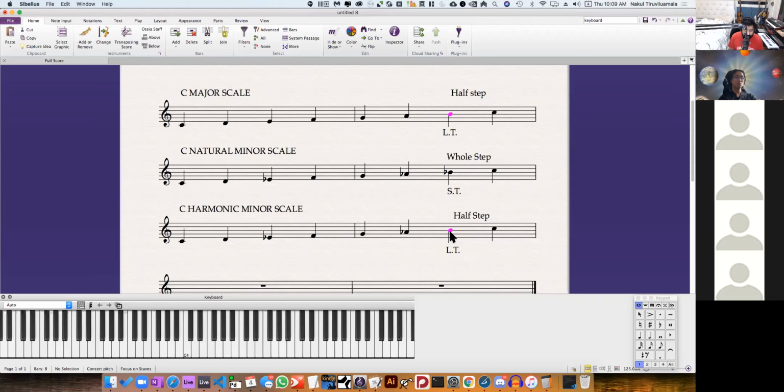I'm going to do that one more time. I'm going to sit on the leading tone. This is the leading tone. You desperately want to go to, right? So there's this idea that the leading tone really wants to resolve to the tonic.